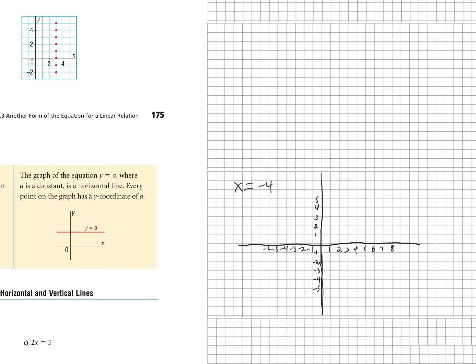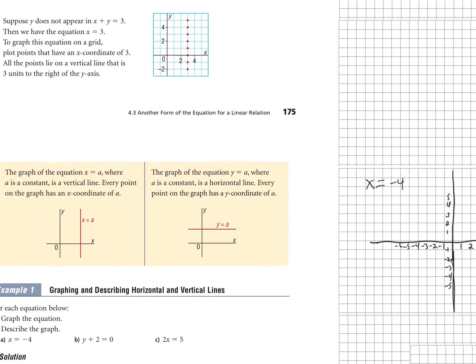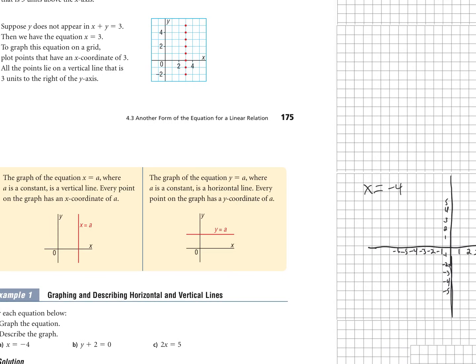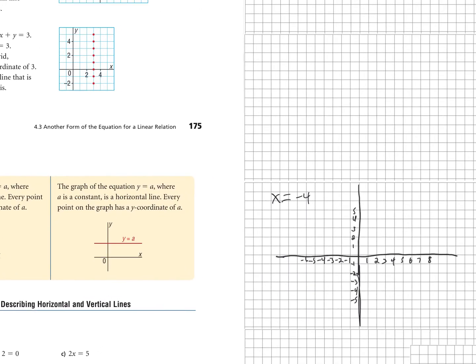So now, when I have a graph that says x equals -4, recall what it says over here. When you have x equals a, and in this case it's going to be -4, it's going to create a vertical line that goes through point a. And in this case here, x is -4. So this is going to create a vertical line that goes through our x-axis right here at -4.